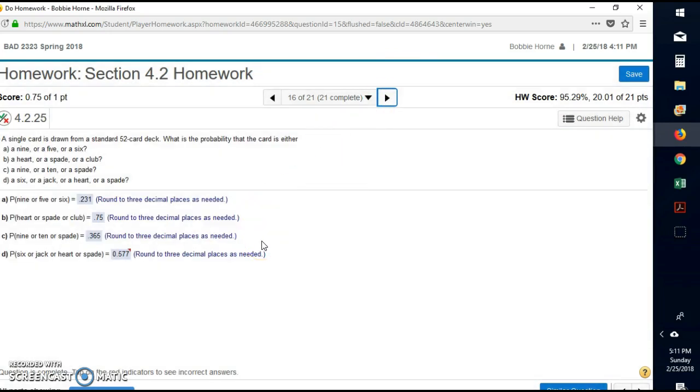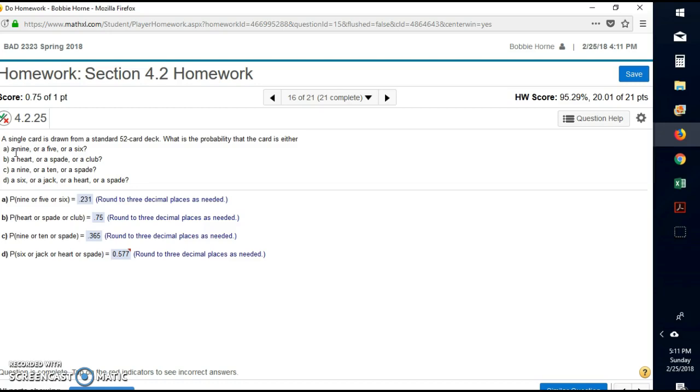Then on question number 16, these are using a deck of cards. So if you had a deck of cards, what is the probability that you would draw a 9, a 5, or a 6? Well, these are just or statements, and there's no way you could do an and here. You couldn't draw a 9 and a 5 at the same time. So it's pretty straightforward.